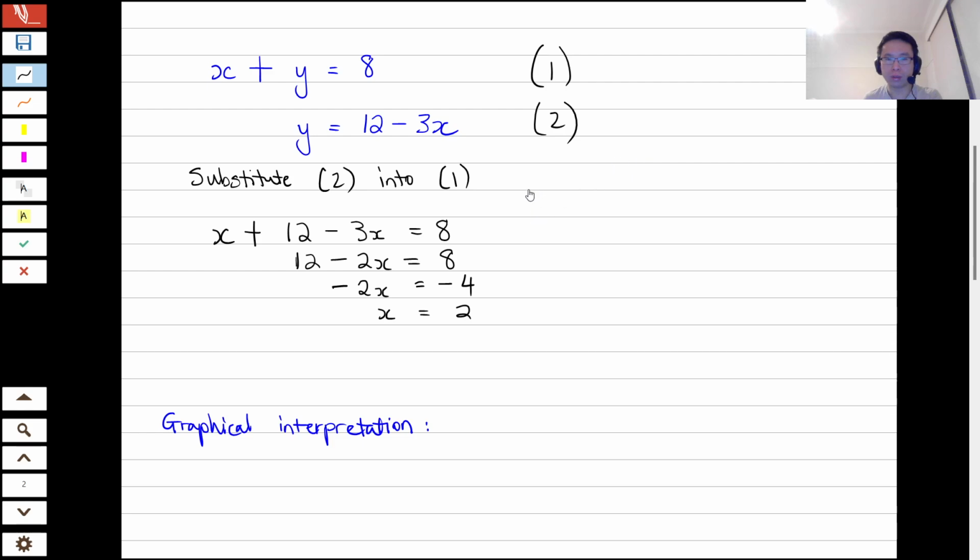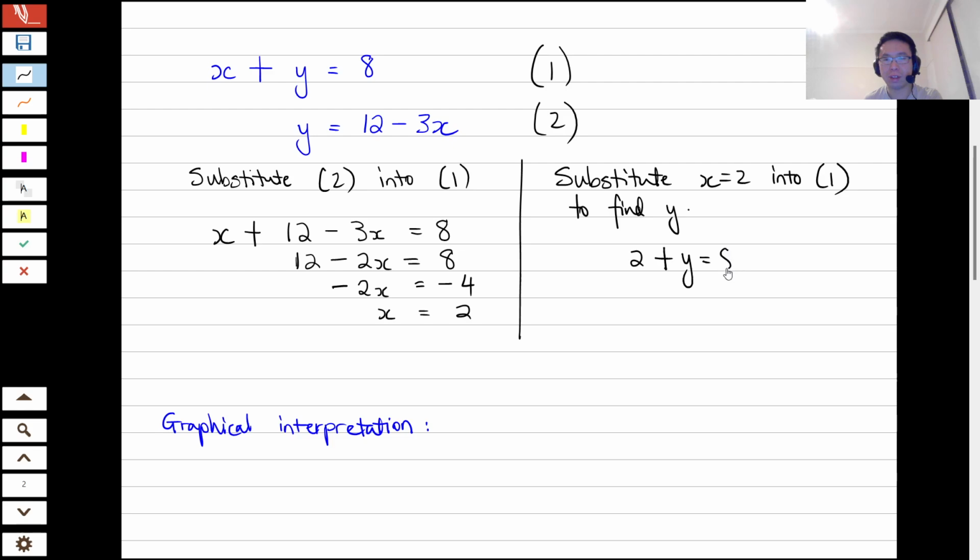I will just write what I'm doing, so I'll say substitute x equals 2 into equation 1 to find y, and now I have 2 plus y equals 8, and y equals 6. So the solution to this pair of simultaneous equations is x equals 2 and y equals 6.